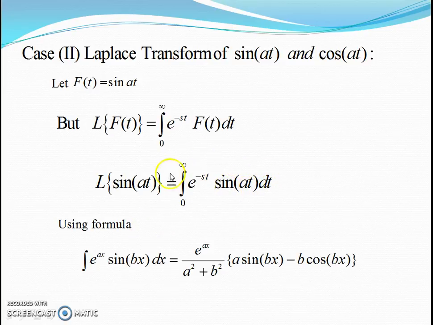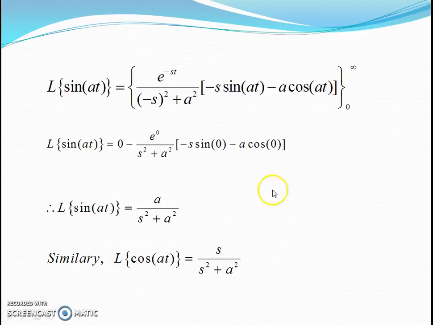Integrate the right hand side with respect to t using the standard formula of integration: integration of e to the power ax into sin bx dx is equal to e to the power ax upon a square plus b square into bracket a sin bx minus b cos bx.